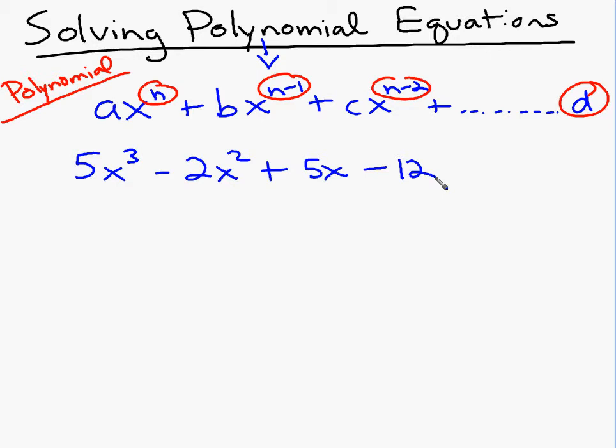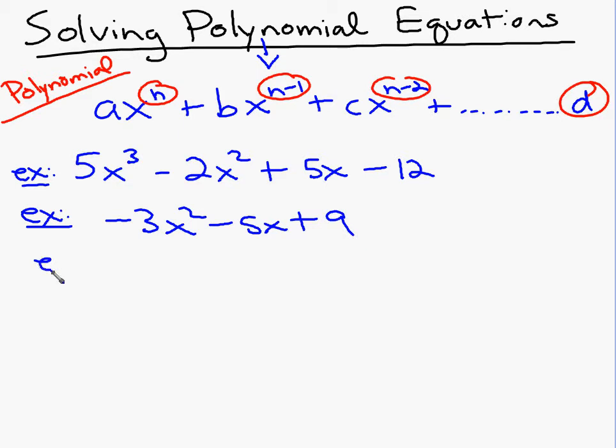So here's another question. Is a quadratic that we've been working with a polynomial? Sure is. That would be another example, one of our good old-fashioned quadratics, negative 3x squared minus 5x plus 9. That is also a polynomial. Technically, even a linear is a polynomial, 3x minus 4.